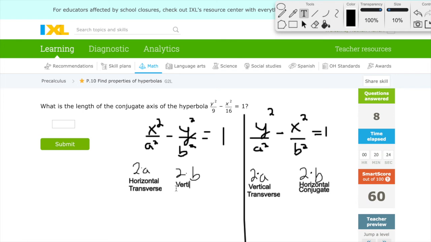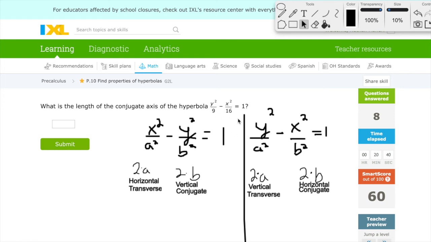This one would be vertical, so that's the part that flips. Okay, so maybe this is the thing to take a screenshot of or something like this to make sense of it. Okay, so back to our problem at hand.